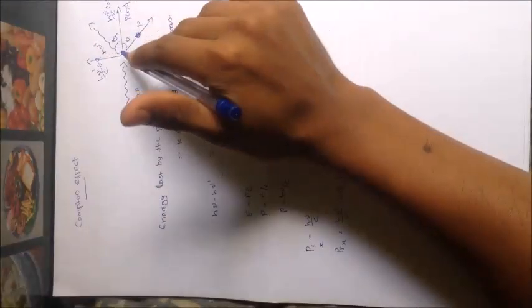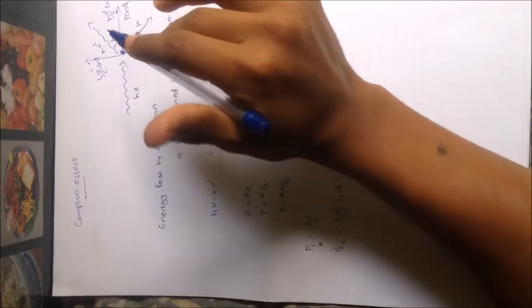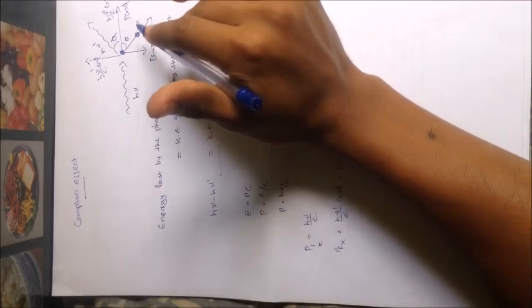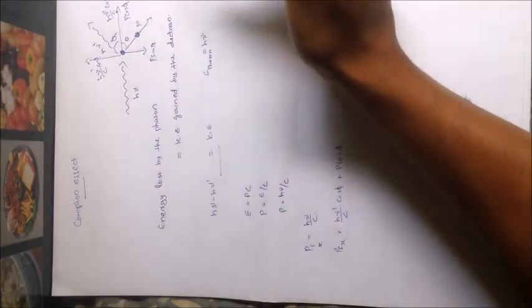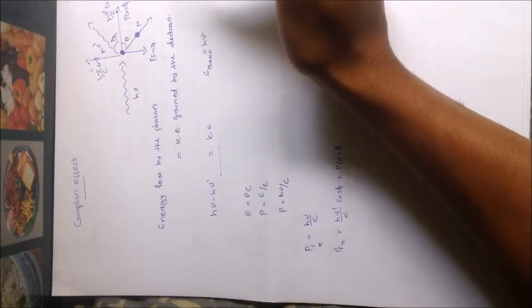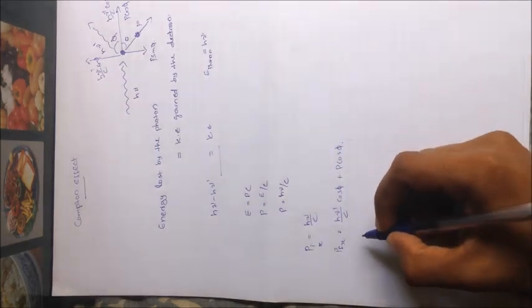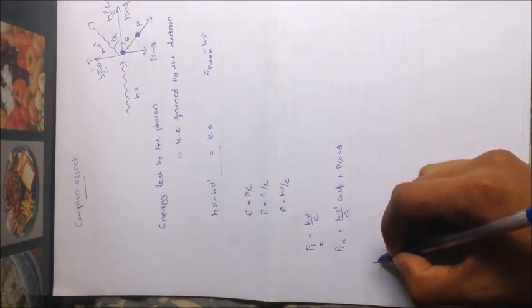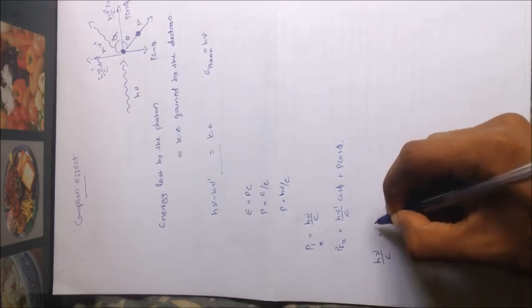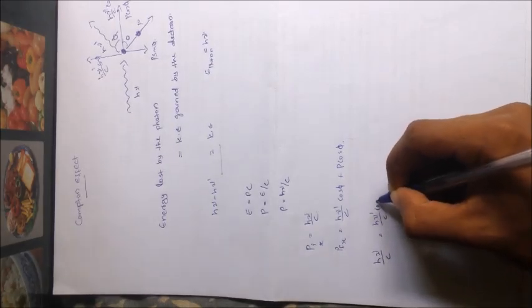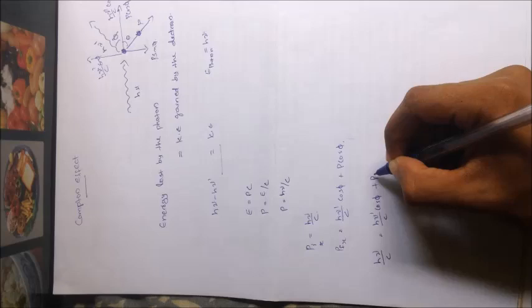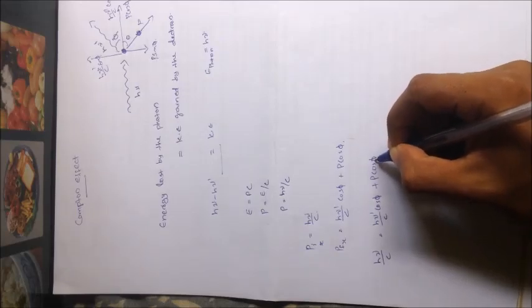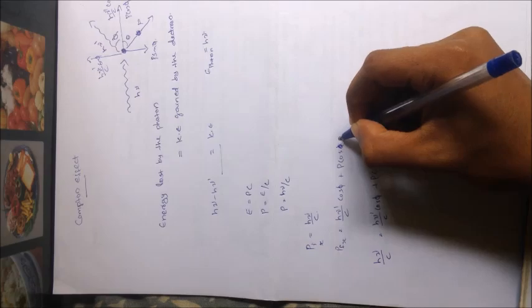Since there are no other forces acting on this system, the center of mass of the system will remain at rest or at constant velocity. So by conservation of momentum, h nu by c is equal to h nu dash by c cos phi plus p cos theta.